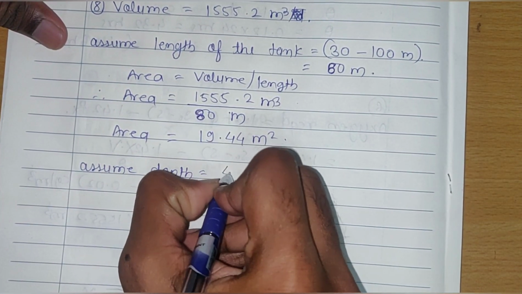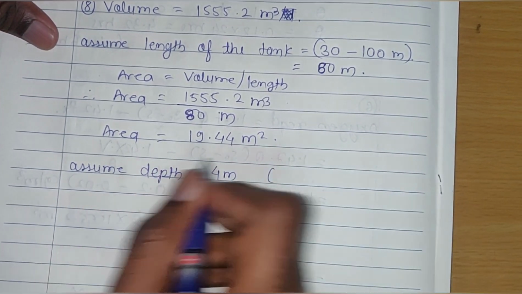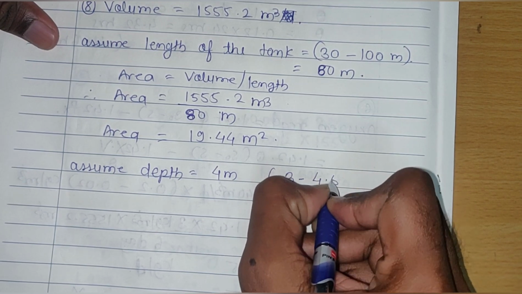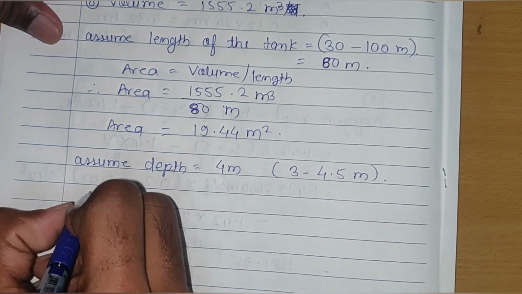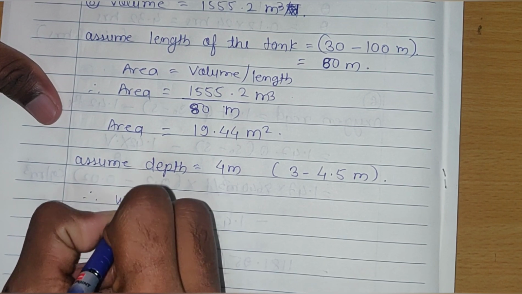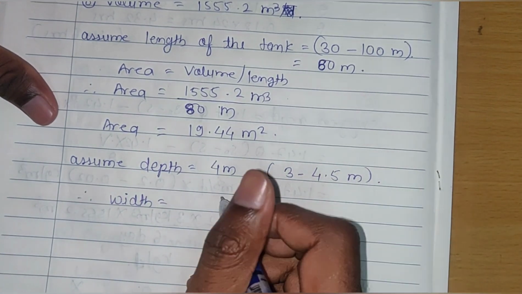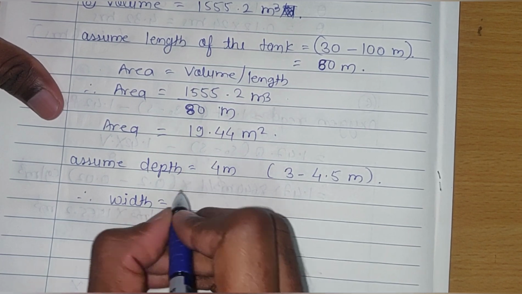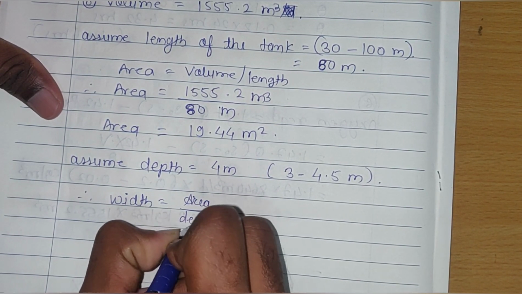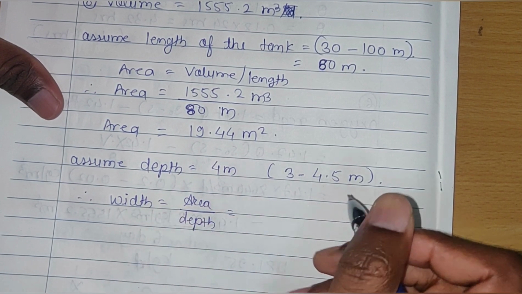Okay, then assume depth is equal to 4 meter, and its value is in between 3 to 4.5 meter. Area is equal to width into depth, therefore width is equal to area upon depth.